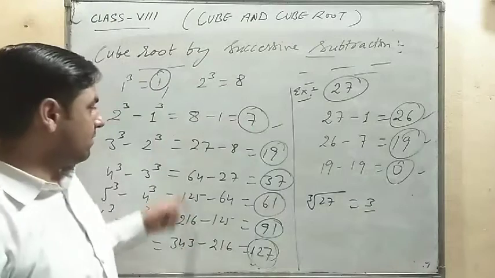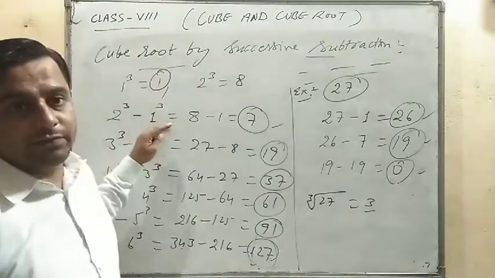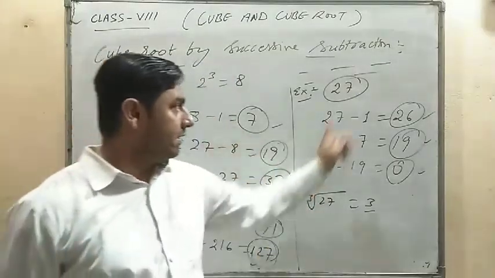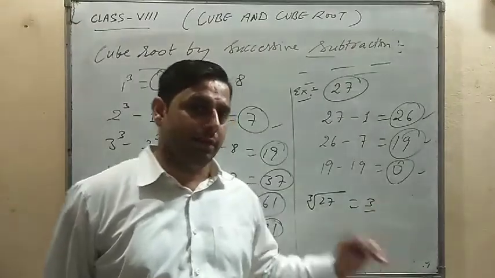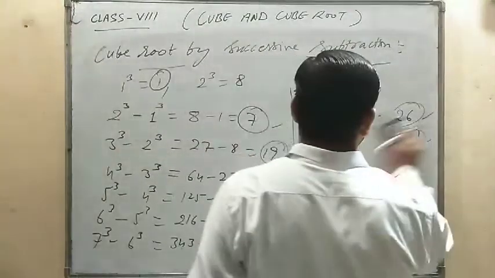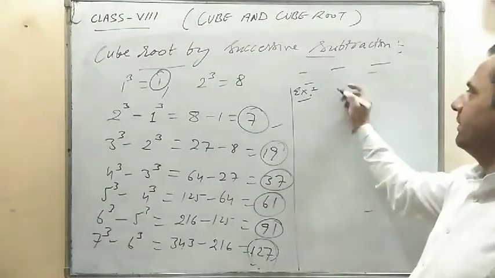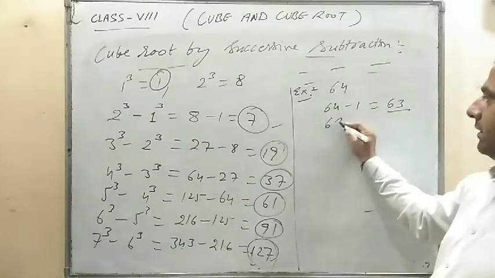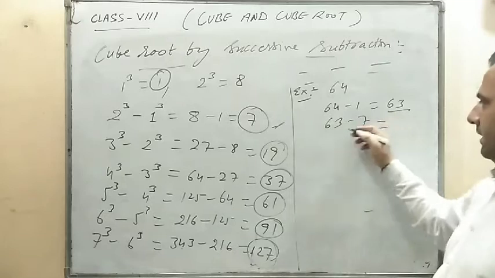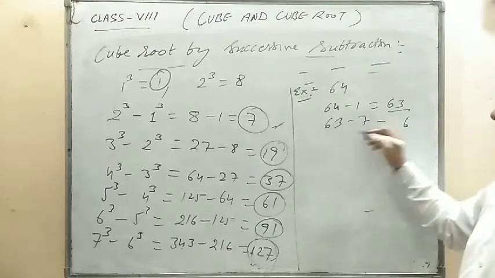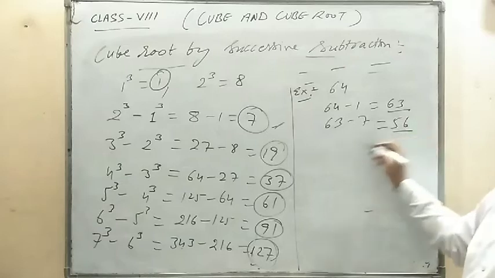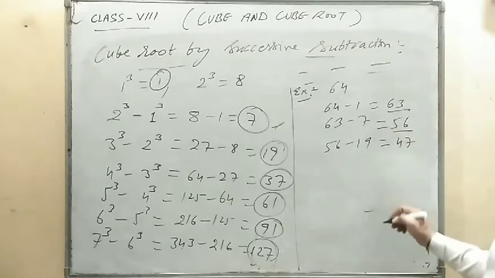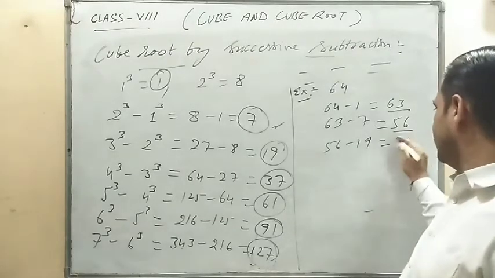Firstly you have to learn this rule: make the difference between two consecutive cubes. After that, the resulting number you have to subtract from the given number. Next one is 64. 64 minus 1, that means 63. 63 minus 7, so the result is 56. 56 minus 19, so the result is 37.